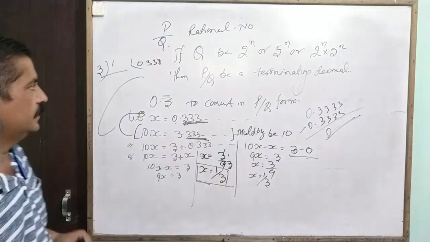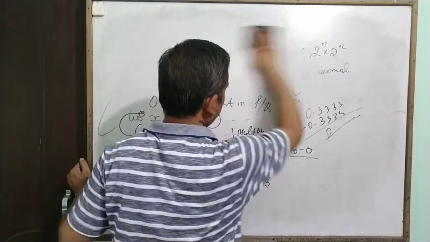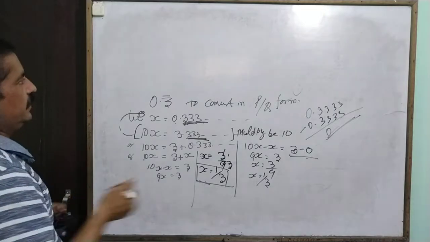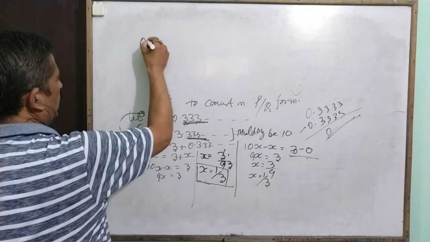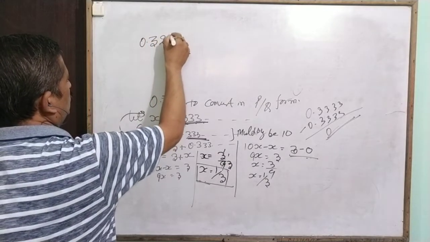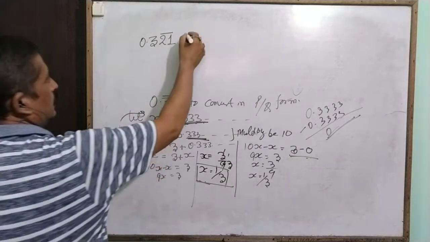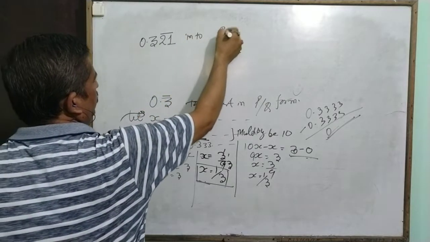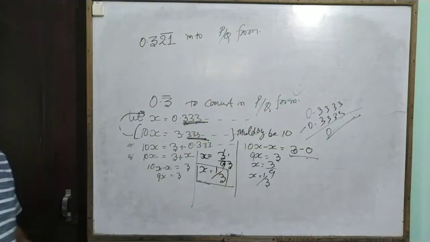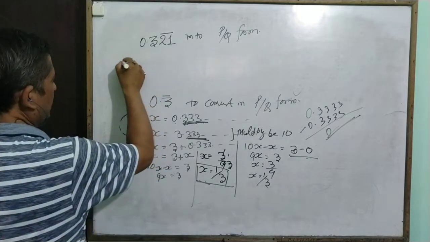Next, we change another example. If you change 0.321 into p by q, again the same process.